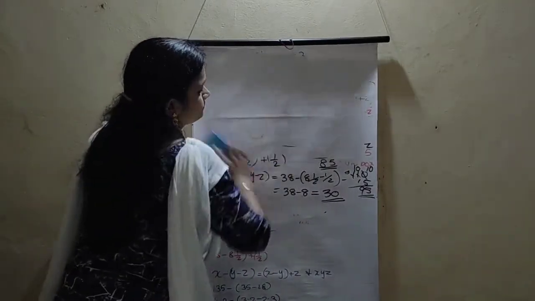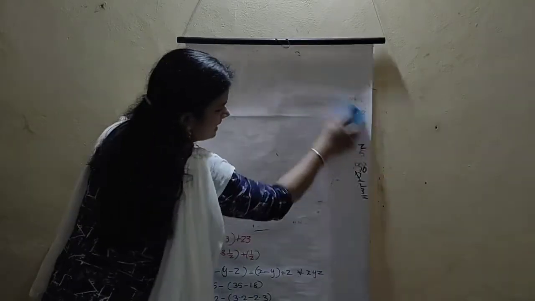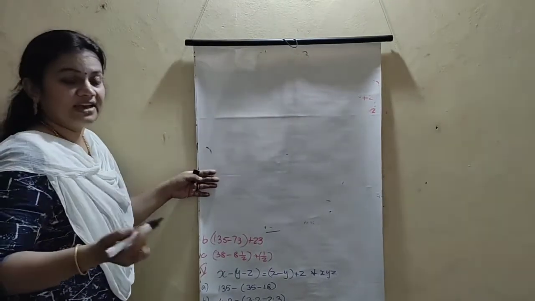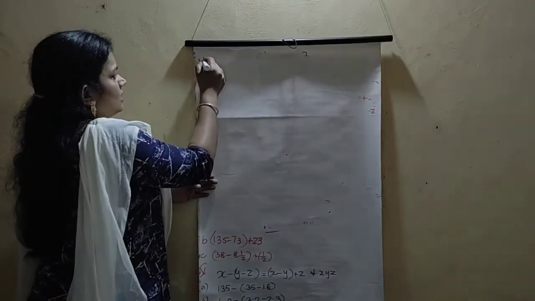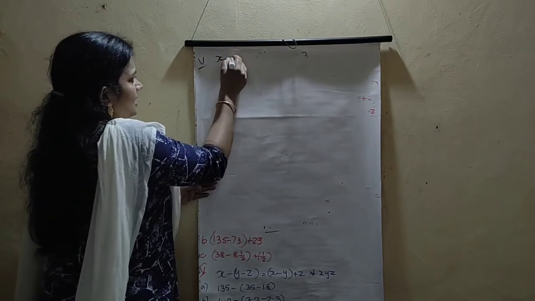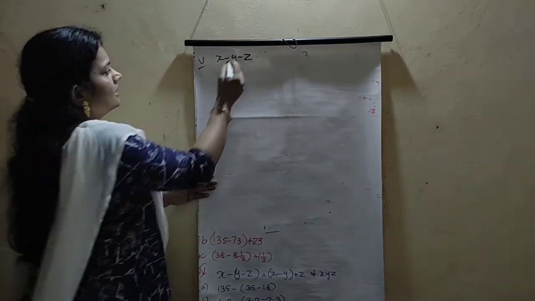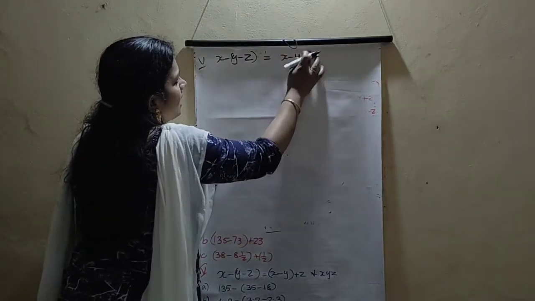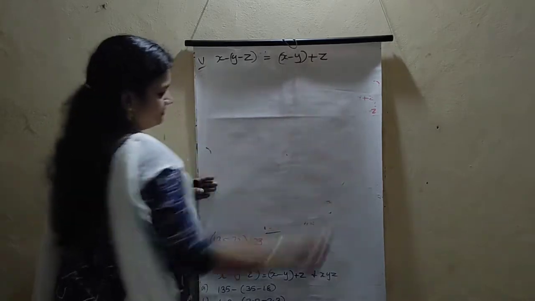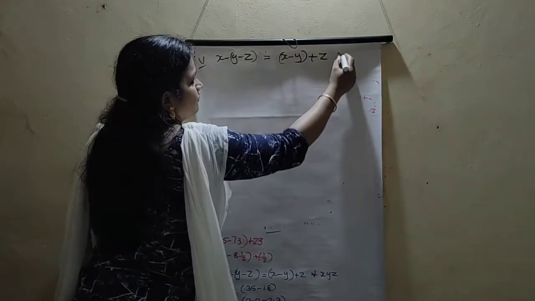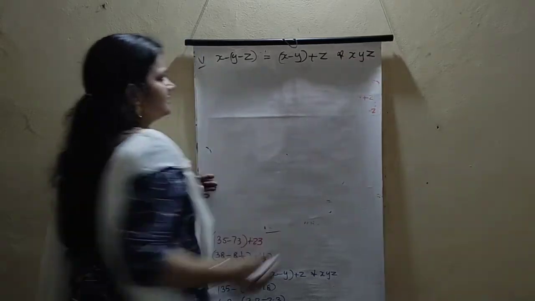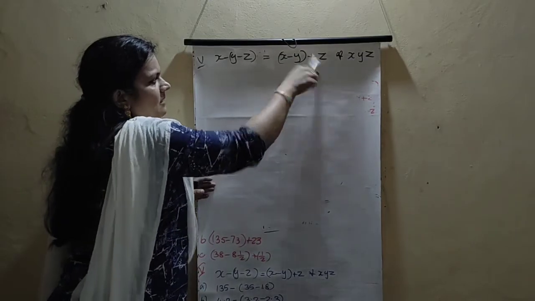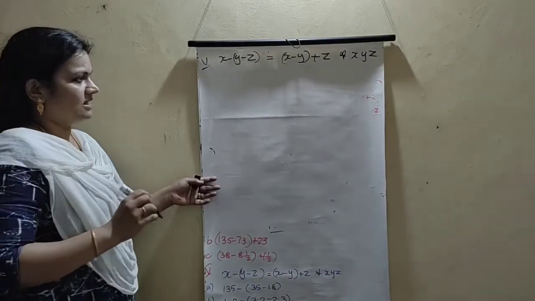X minus y minus z is equal to x minus y plus z for every x, y, z. This is the fifth equation.